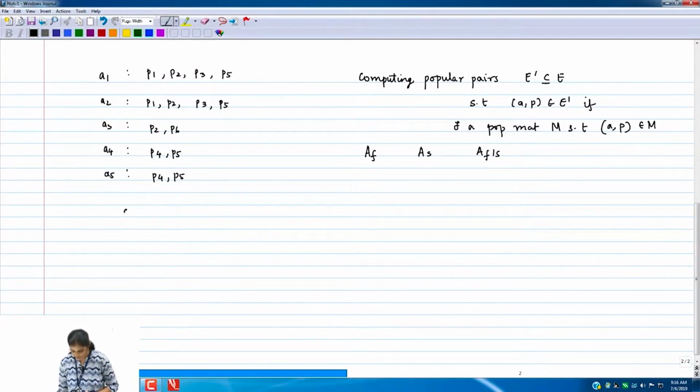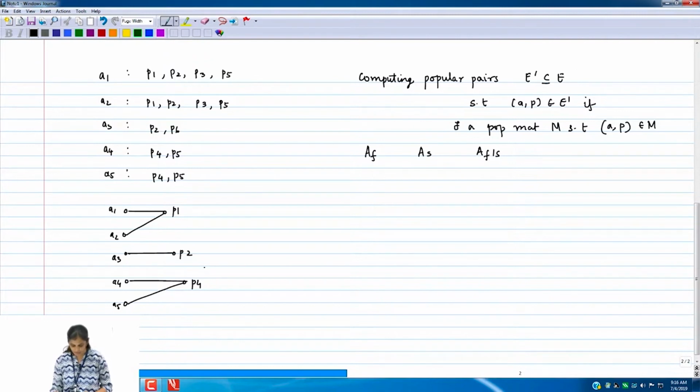So now we should quickly find a popular matching in this so that we can construct a switching graph, right. So A1 has P1, A2 has P1, A3 has P2, A4 has P4, A5 has P5, right. Yes, sorry, P4. So these are the black edges which are the F post edges. Every applicant will also have an S post edge.